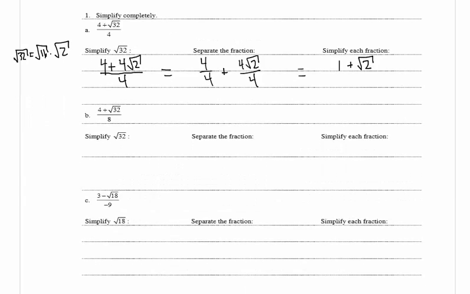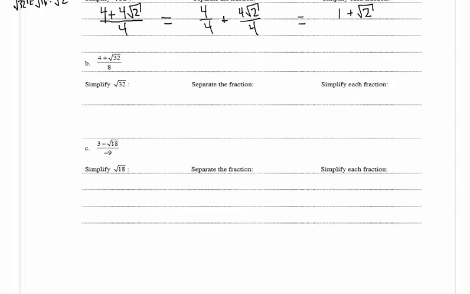In B, we have 4 plus the square root of 32 divided by 8. And we simplified the square root of 32 in the last one, so we know that that is 4 plus 4 square root of 2 divided by 8. And now it wants us to separate the fraction.